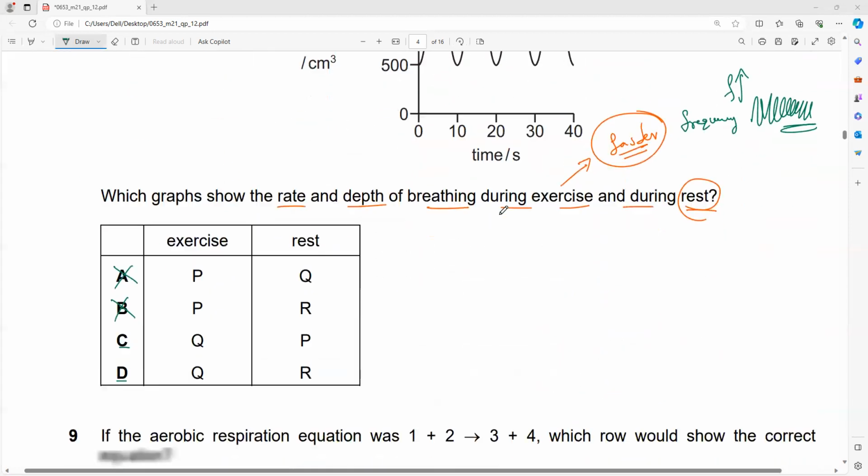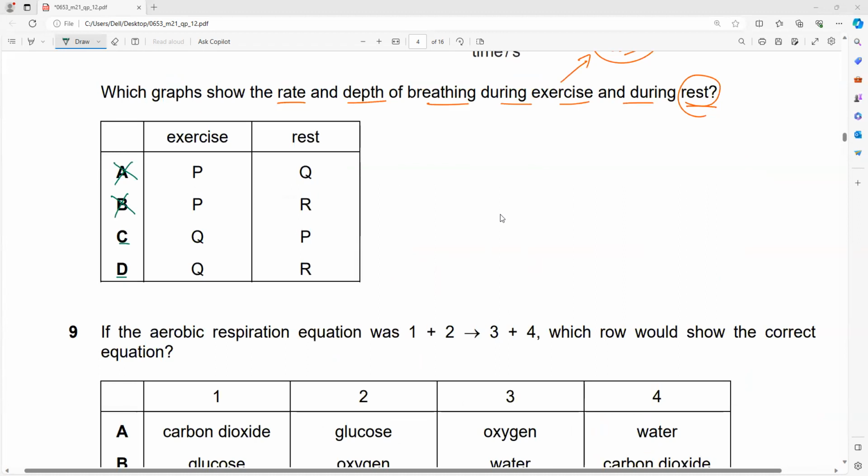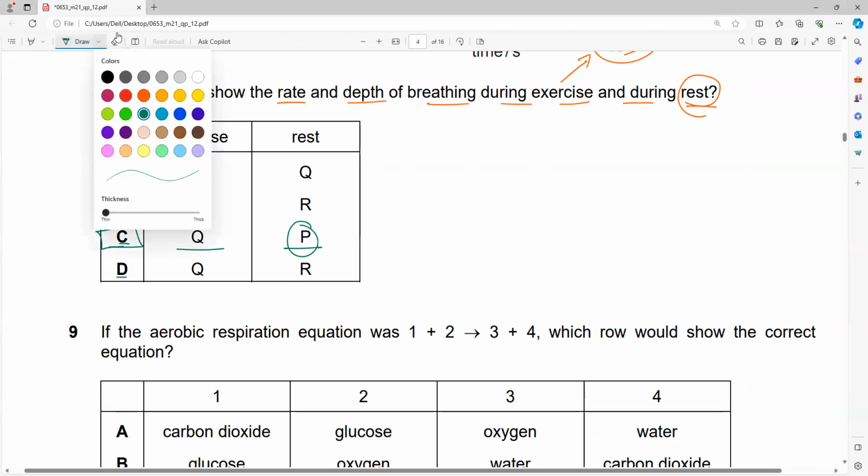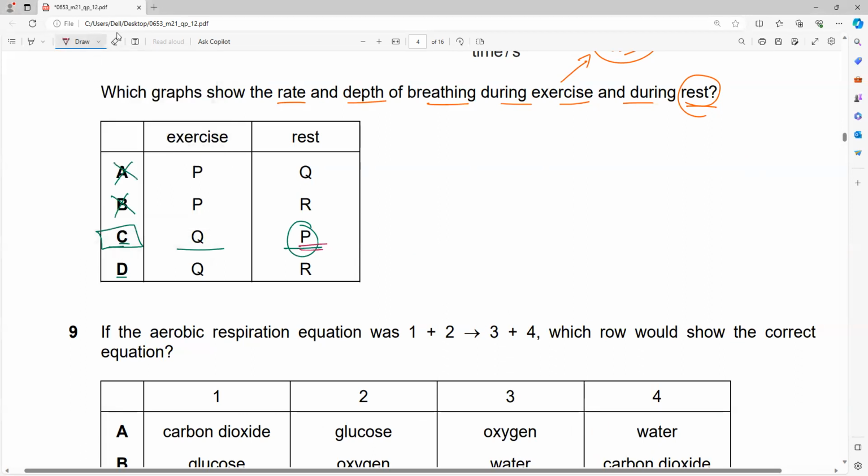So option C is the correct answer. Very good question. Please note that when you are at rest, the rate of respiration will be normal, and when you are exercising, the rate of respiration is extremely high and the frequency increases. That is what you have to remember.